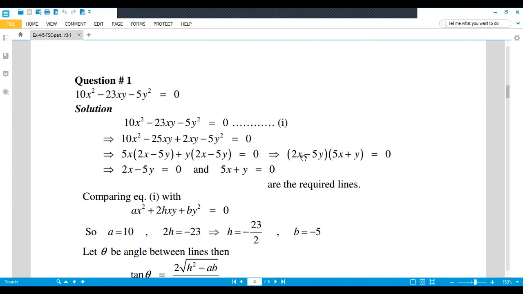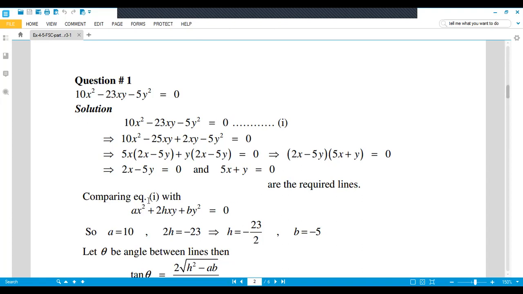Now 2x minus 5y is equal to 0 and 5x plus y equal to 0 are the required lines. Look, from one homogeneous equation, we factorize the homogeneous equation and we get two equations of line.